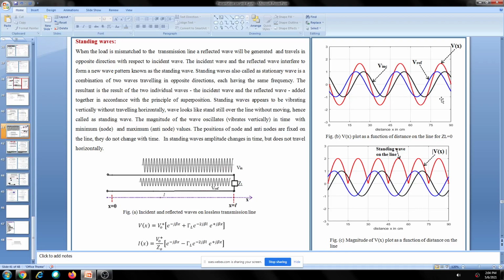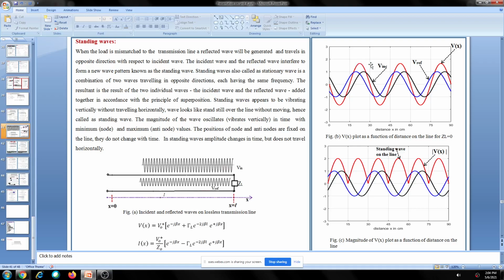This wave we are observing here looks like a standstill on the line. It doesn't move either towards the load or towards the source, even though the two component waves are moving in opposite directions.